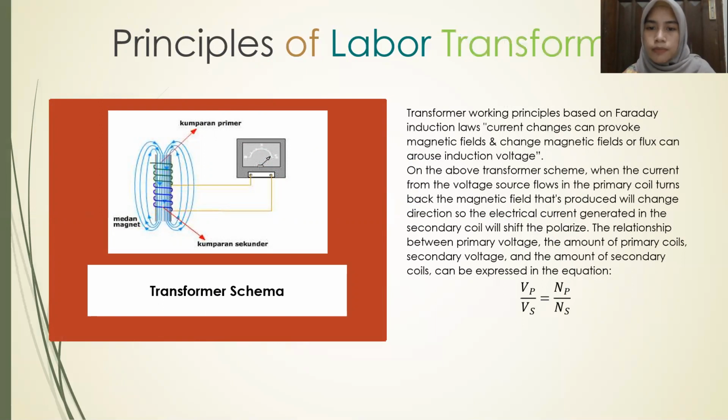The relationship between primary voltage, the amount of primary coils, secondary voltage, and amount of secondary coil can be expressed in the equation: voltage primary over voltage secondary equals NP primary over NS secondary.